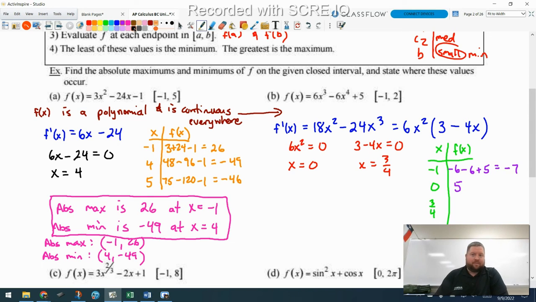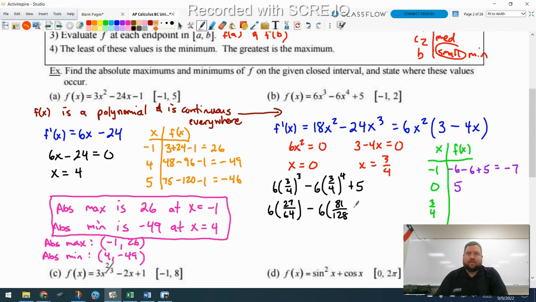All right, 3/4, I'm going to have to write down a little work here. So 6 times 3/4 cubed minus 6 times 3/4 to the 4th power plus 5. All right, so this is 6 times 27 over 64. This is 6 times 81 over 128. Ooh, I feel like that's wrong.